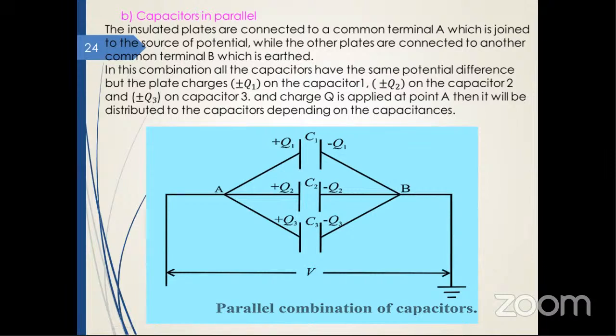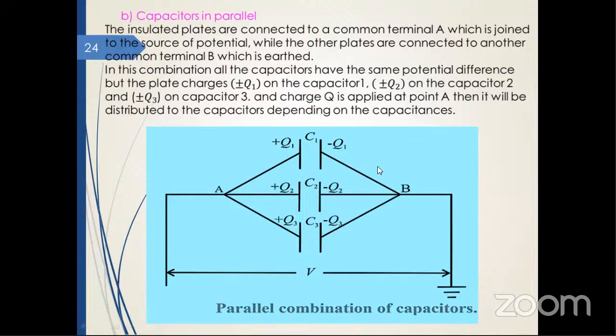The parallel arrangement of capacitors is as shown in this diagram, where the insulated plates are connected to a common terminal. See, these 3 are connected to this common terminal A, which is joined to the source of potential.